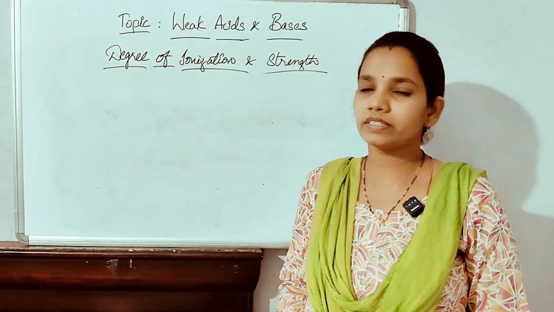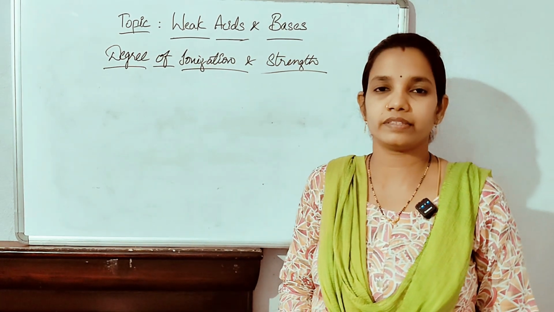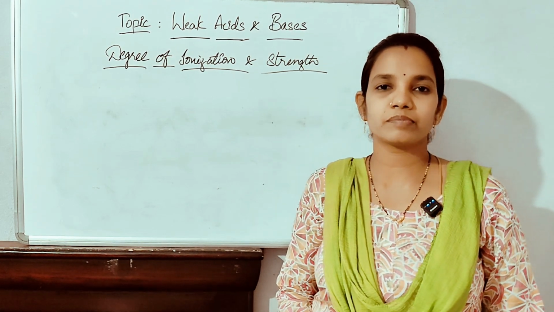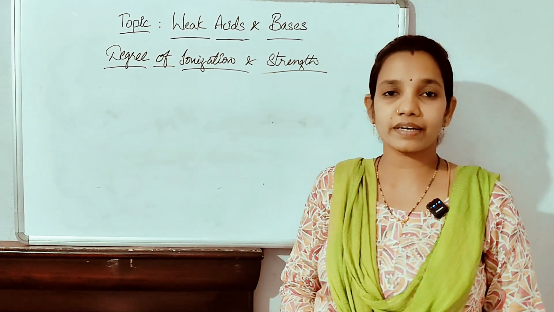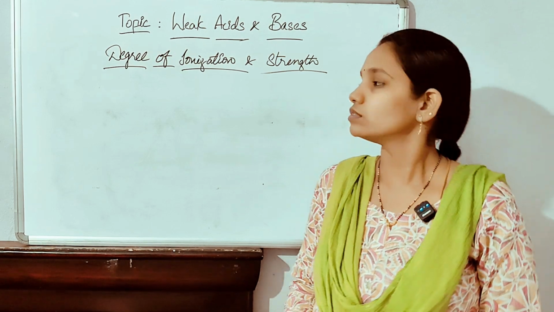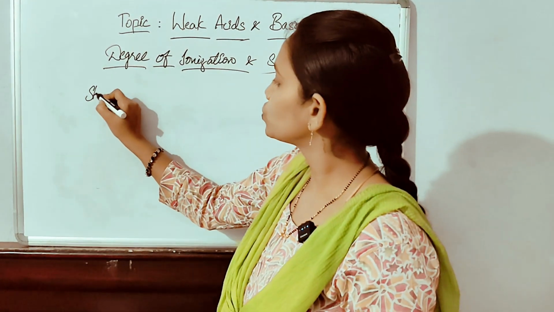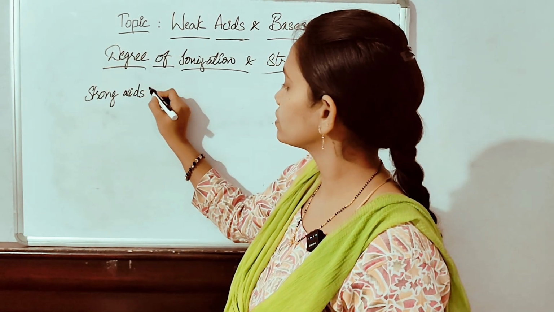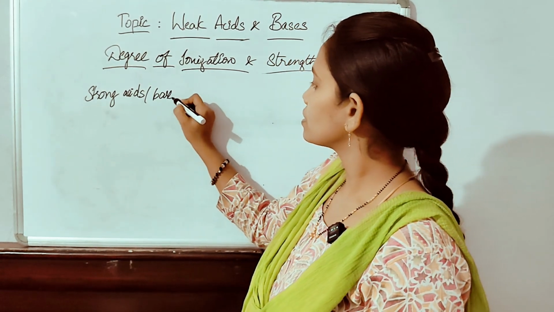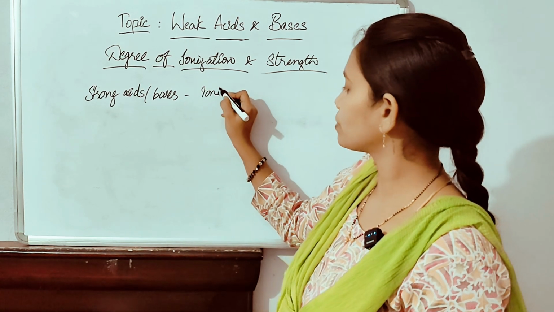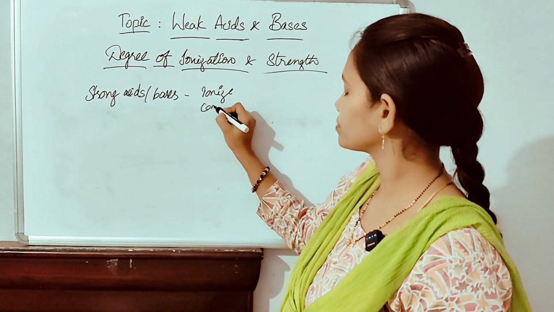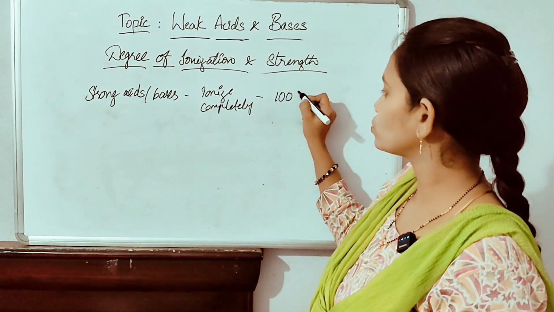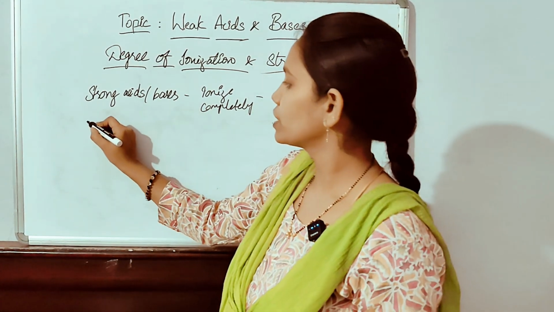Now let's see what is the degree of ionization and strength. The main difference between the weak and strong acids or bases is the degree of ionization. Let's see how. Strong acids or bases ionize completely, that is almost close to 100%.